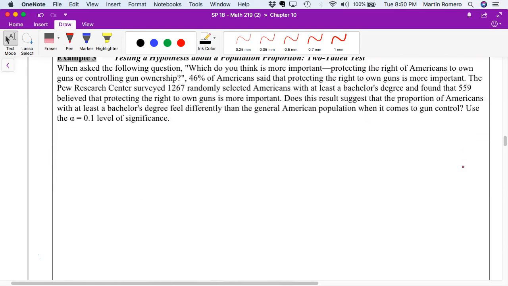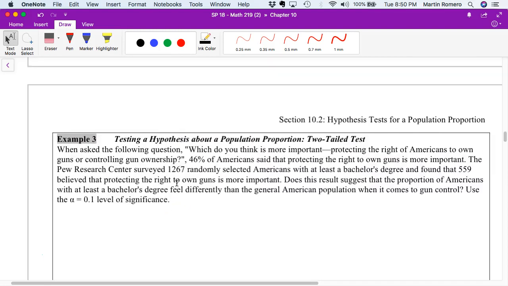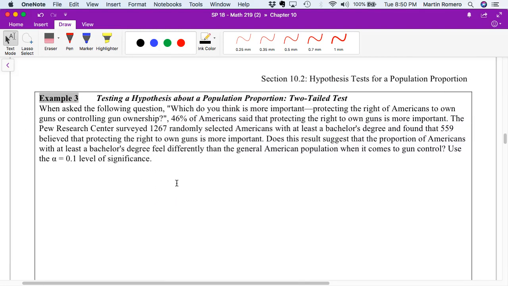Let's finish this up. Last one here. StatCrunch again shows you how to do that, which I've been doing. When asked the following question, which do you think is more important, protecting the rights of Americans to own guns or controlling gun ownership? 46% of Americans said that protecting the right to own guns is more important.